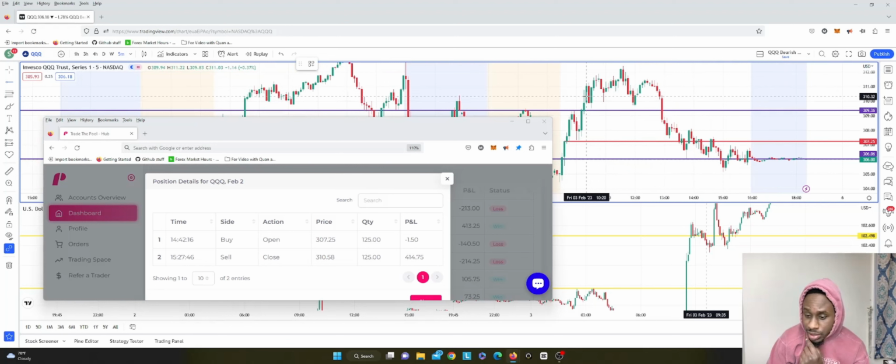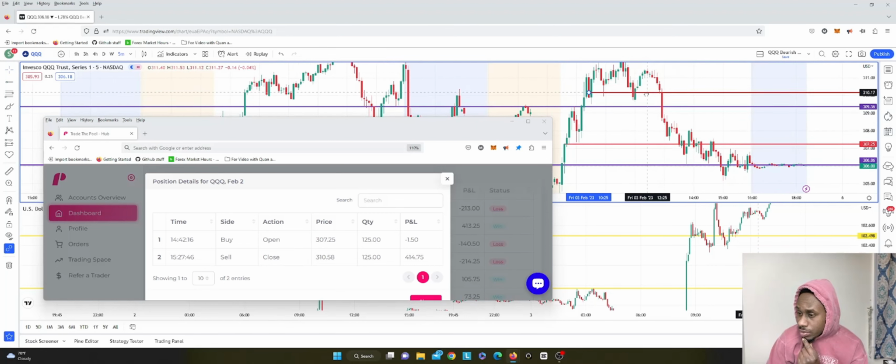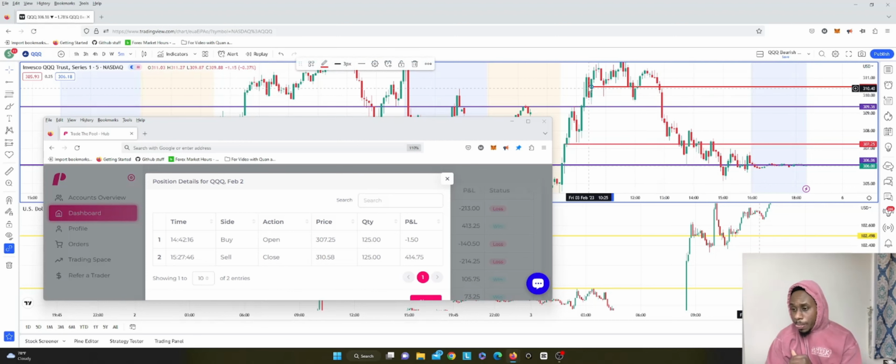I just decided to take some profits on the 10:25 candle, right about 310.50. Perfect. So right there. I bought here because you had bearish movement on the dollar.